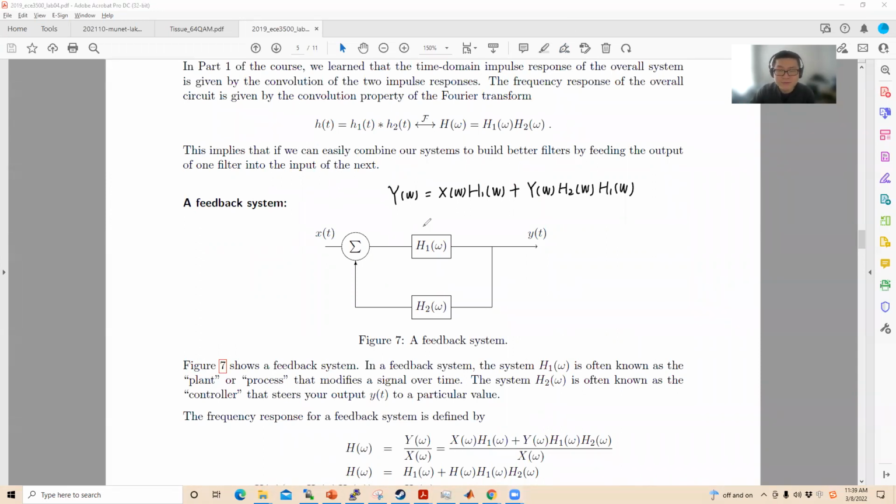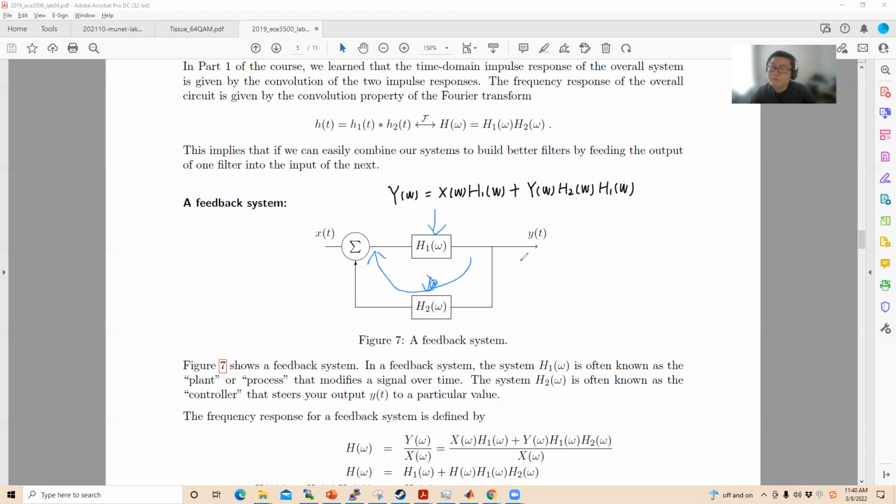To define a feedback system, we need to know how to get the system response. So here we have H1 of omega and H2 of omega, but interestingly, there is a feedback loop.